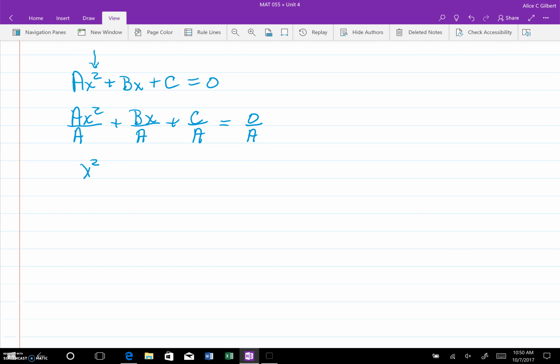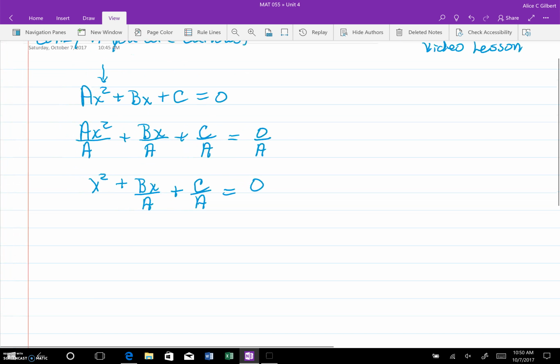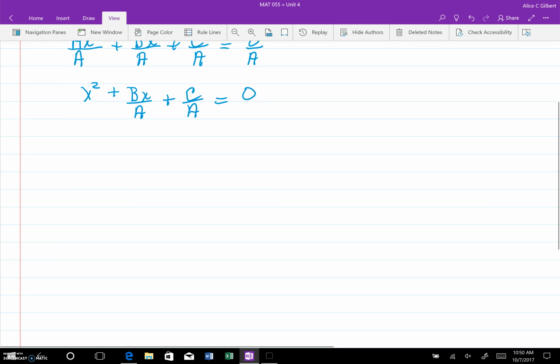So after I divide that out, what I'm left with is x squared plus bx over a plus c over a equals 0, because 0 over anything equals 0. All right, so now I'm going to set up my steps to do the completing the square.